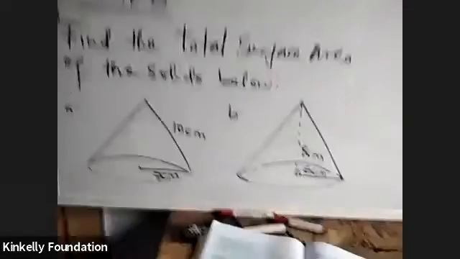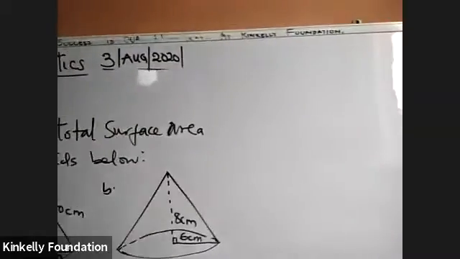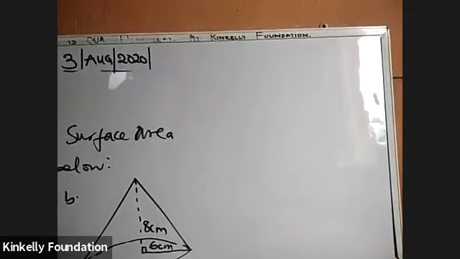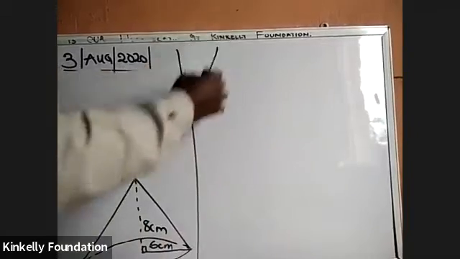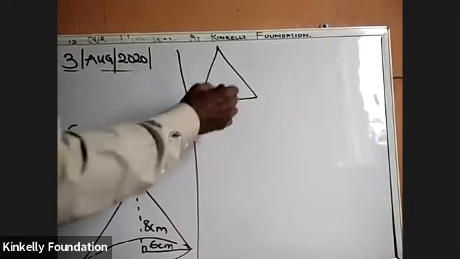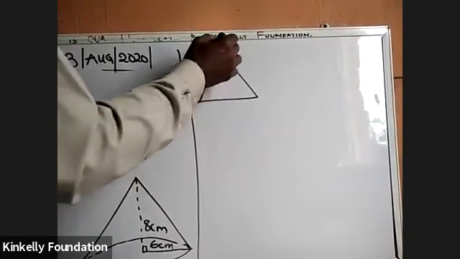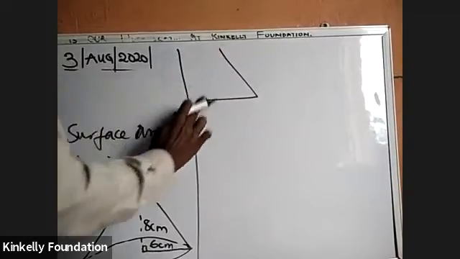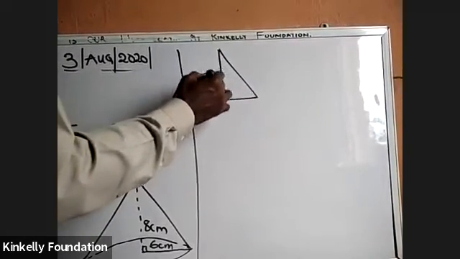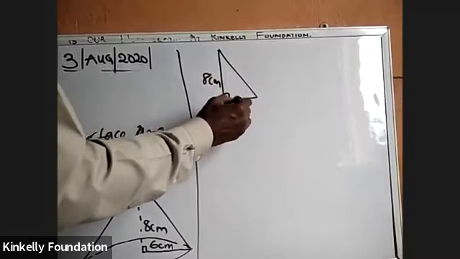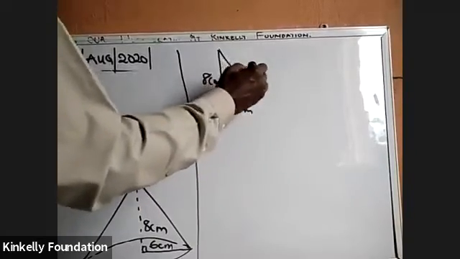If we have that now, in the second one, we have something like this. Assuming that we now cut off one part to form a right angle triangle. This is 8 cm, here is 6 cm. We have to find this length.